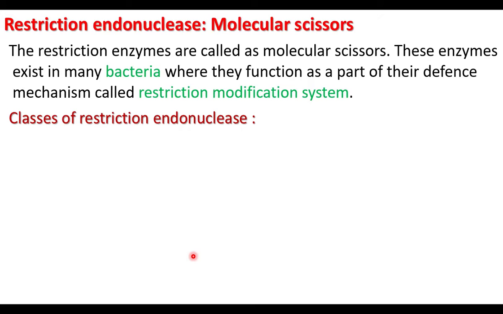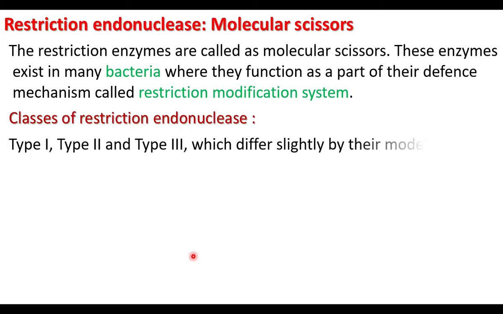There are three classes of restriction endonuclease: the type 1, type 2, type 3. Type 2 is used in genetic engineering because type 2 has recognition sequence of short nucleotides. Type 1, type 2, type 3, which differ slightly by their mode of action.